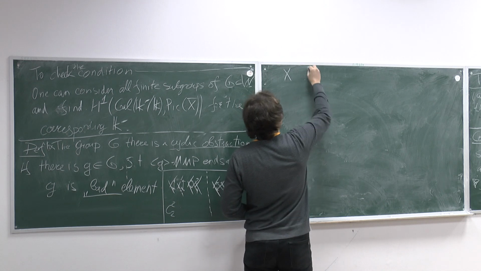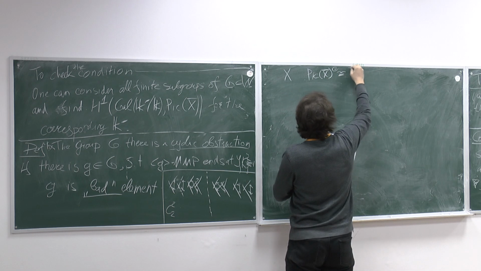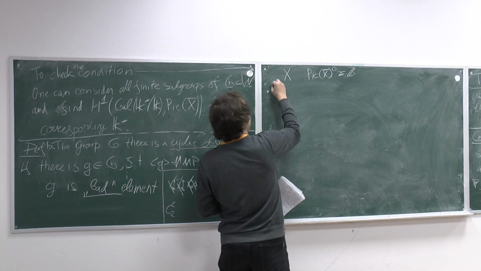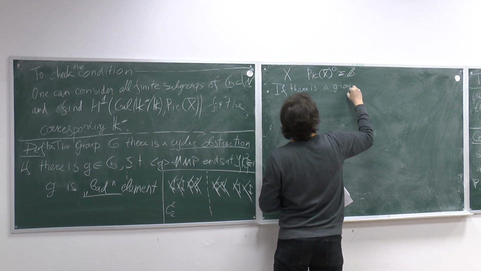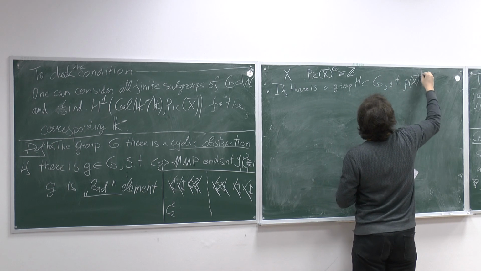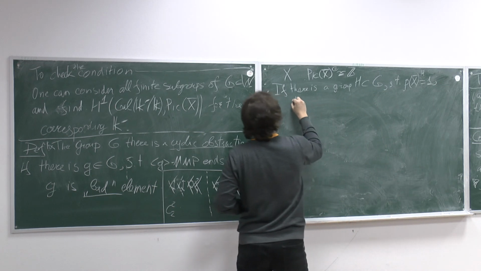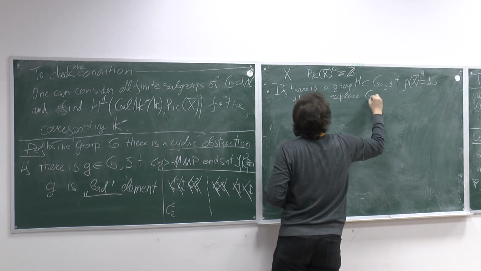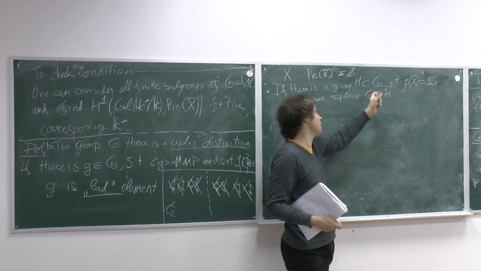We start from X, and the lattice is Z. First step: if there is any subgroup H in G such that the invariant Picard number under the action of H is 1, then we can replace X, G by H. So you see, if we find a cyclic obstruction in a smaller group, then this obstruction is in the bigger group.